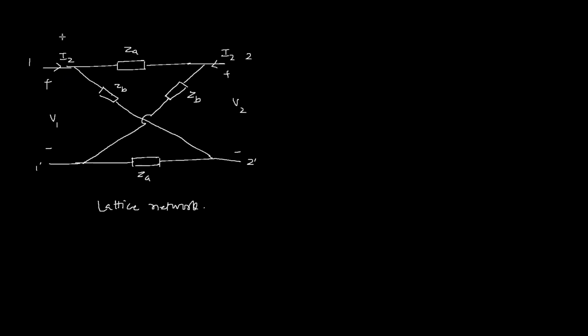In fact, this is I1. I1 is coming out here also, I2 is coming out here also. Now, to find out the Z parameter of this lattice network, we will bring 2 dash in the position of 1 dash and 1 dash in the position of 2 dash, or simply unfold this circuit.